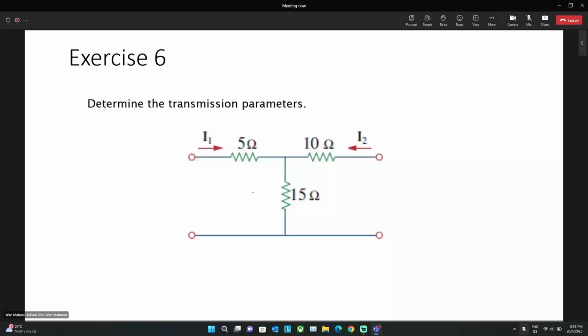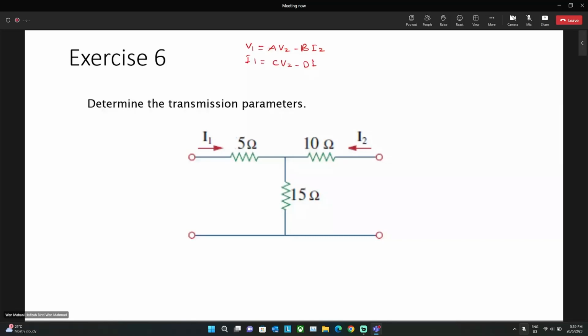Okay, so let's look at an exercise. Although it is an exercise, because I don't have an example for the transmission parameters, I'll just try to implement one. V1 equals A V2 minus B I2, and then the other one, I1 equals C V2 minus D I2.